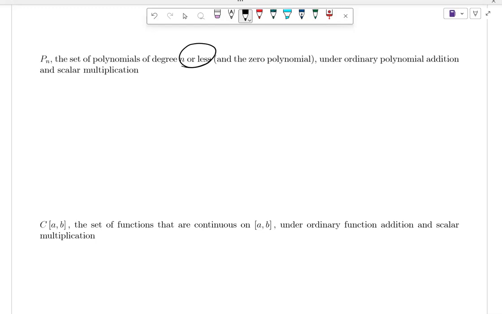Okay, so what would happen if it... How could you make something start with a 0? Think about closure. If I said that everything had to have degree 2, would it be closed necessarily under addition?